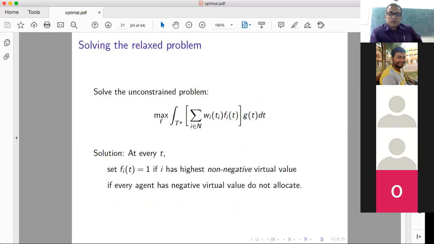And the solution is kind of a bang-bang solution, which basically says look at every type profile, and if everybody has negative virtual value, then this expression is maximized by putting all the F_i's equal to 0. If a single agent has non-negative virtual value, then set F_i(t) equal to 1 for the agent who has the highest virtual value. Okay, that's how you can point-wise maximize it.